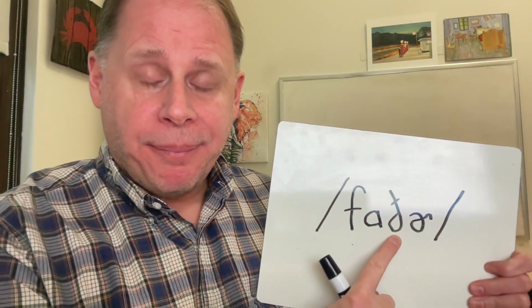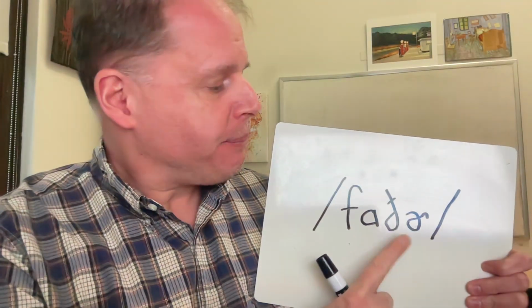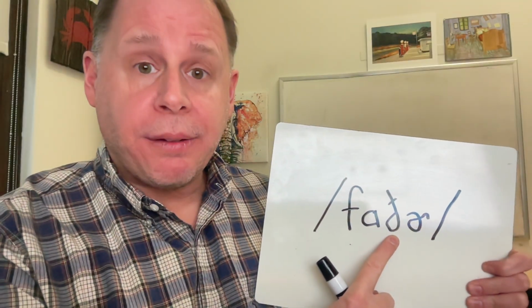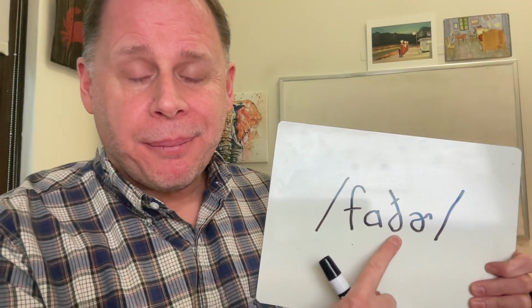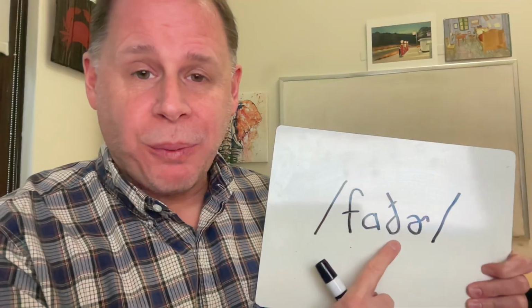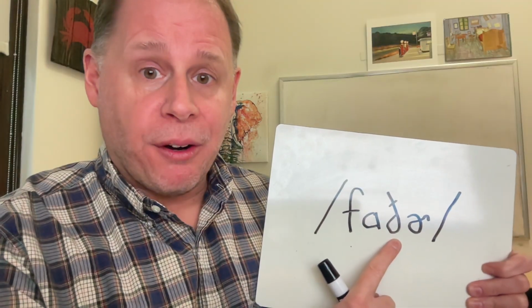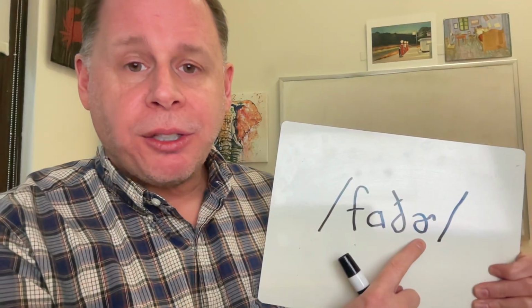Is it going to be eth or theta? Is it father with the voiced th or father with the voiceless th? It's eth. It's the voiced version, which we tend to use for relations in our family, which tend to be pronounced this way, like mother, father, brother. And then we have this unstressed at the end, so it's going to be a schwar.